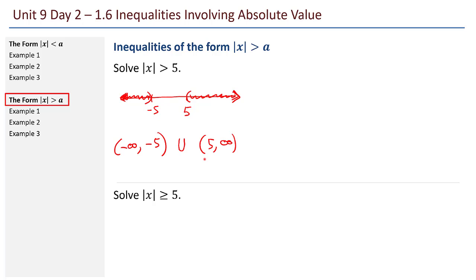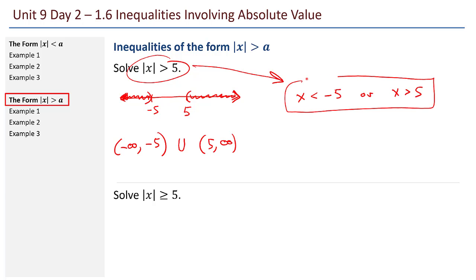Bring the two of them together. Really, what I'm saying is two different inequalities. x is less than -5, or x is greater than 5. So this is the step I take whenever I run across inequalities of this form.